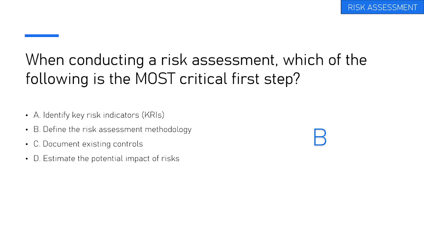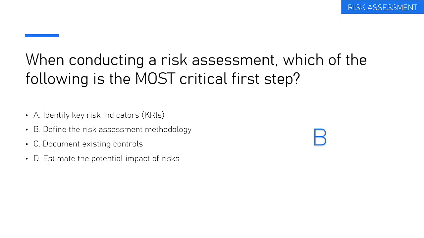The reason is that it ensures that your assessments are consistent, so that you can compare them and make them repeatable across the organization, right? What is KRI? KRI comes later on, because once you identify the risks, then the KRI will measure them, right? The second one, B, is define the risk assessment methodology.